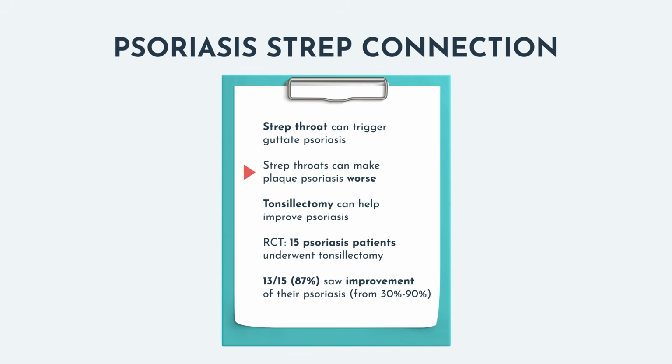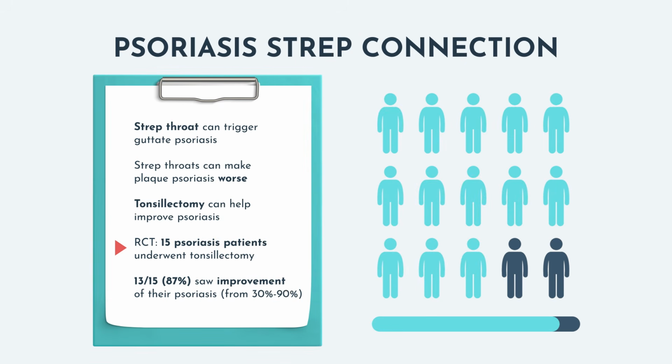Interestingly, we've known that having a tonsillectomy can help improve psoriasis. If we just chop off the tonsils of people with psoriasis, that seems to help them. This was one randomized controlled study of 15 psoriasis patients who underwent tonsillectomy, and 87%, 13 out of 15 of them, saw an improvement of their psoriasis in rates that ranged from 30 to 90%.